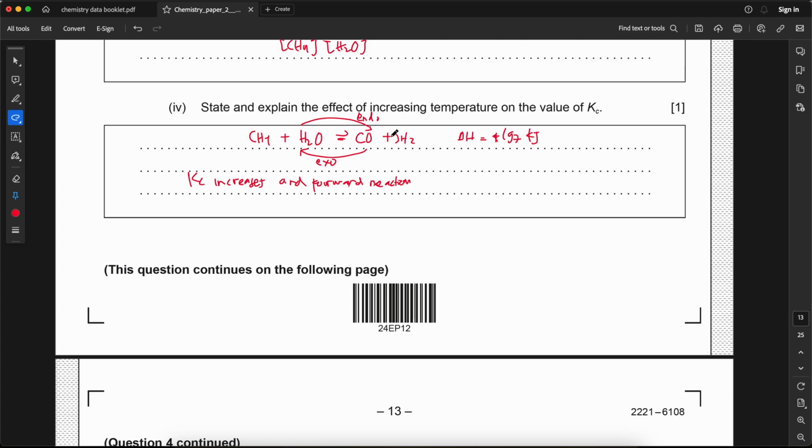So the products will increase, and Kc will increase as well because it is a forward reaction or shift to the product.